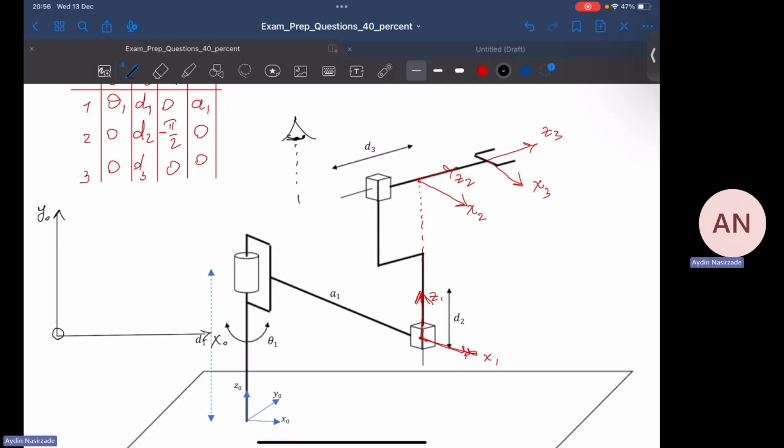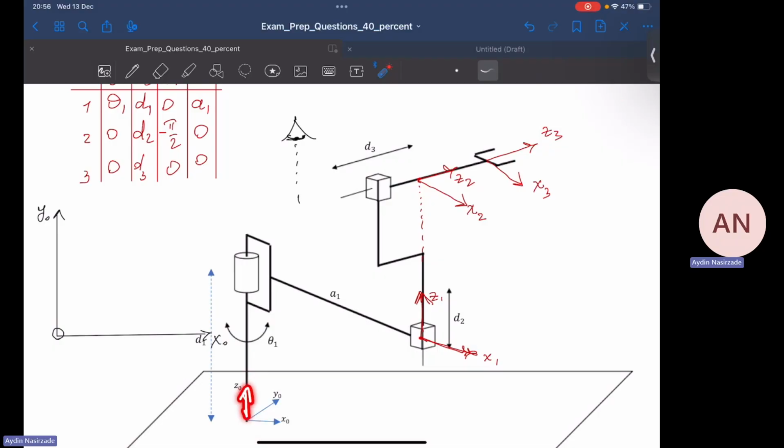Now, the tricky part here is to define the angle theta 1 properly and correctly. To do it, you have to know the positive direction of rotation around z0, because theta 1 corresponds to this axis.